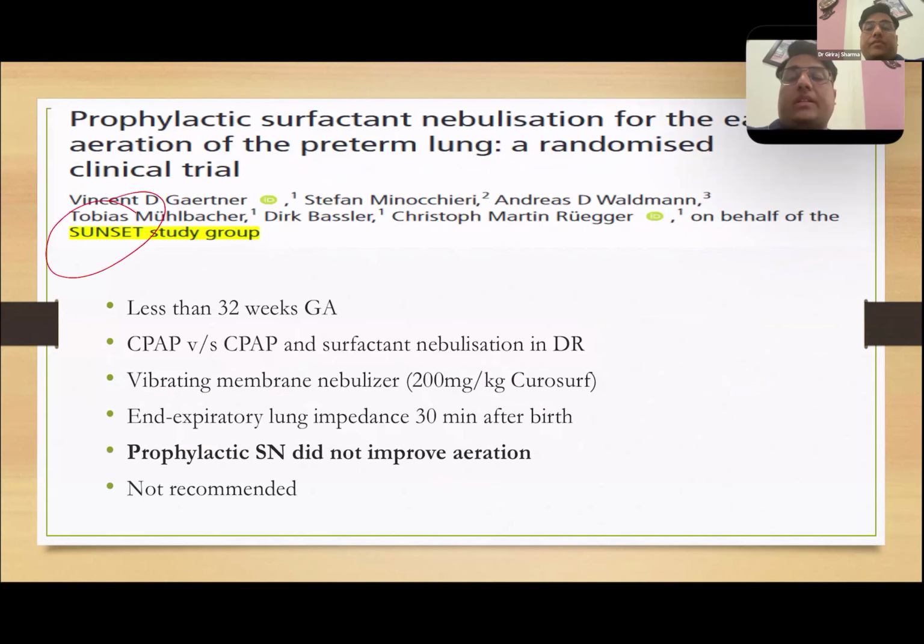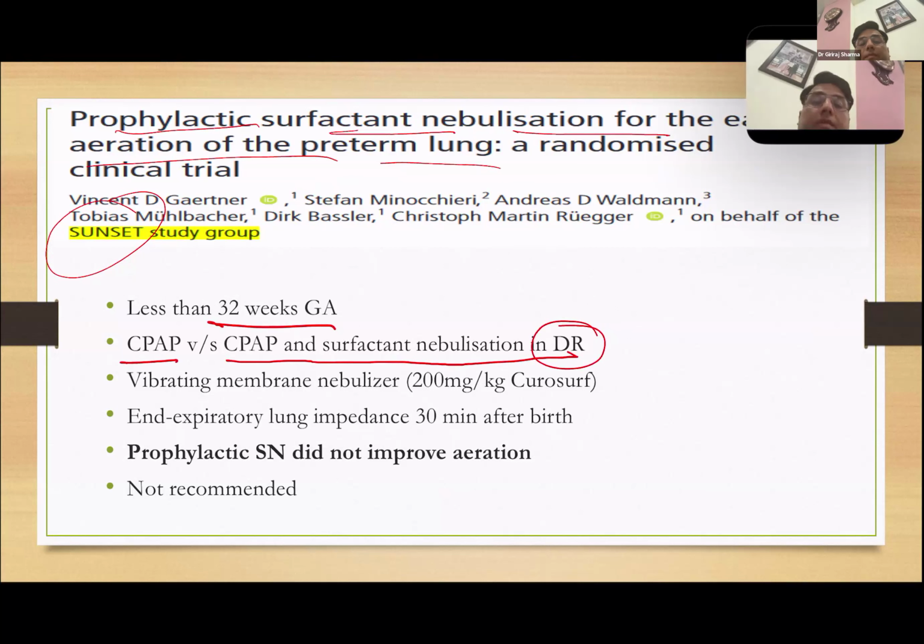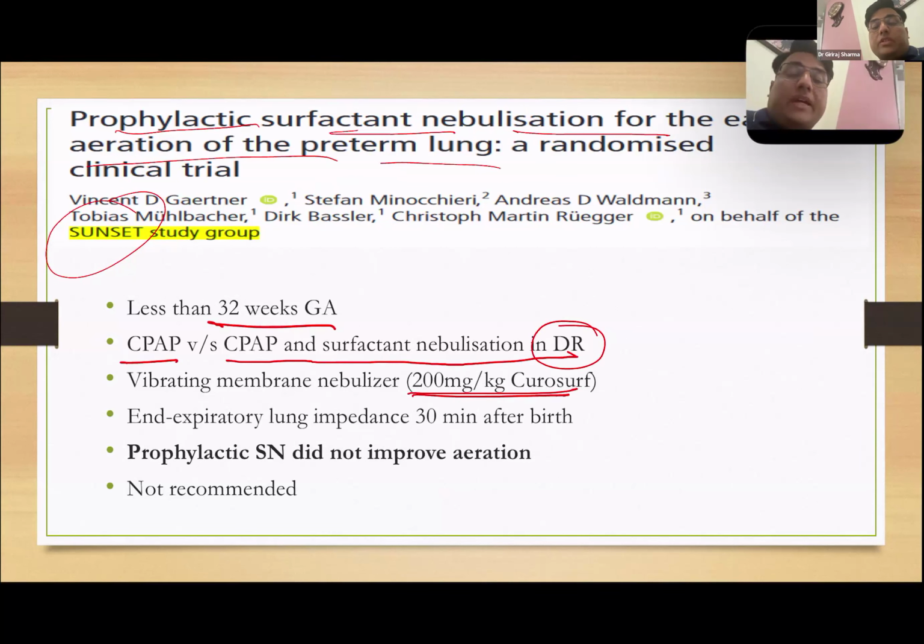Next is the Sunset trial. The Sunset trial is on prophylactic surfactant nebulization for aeration of the preterm lung. In this, they have recruited less than 32-weeker babies, and they have compared CPAP versus CPAP and surfactant nebulization in the delivery room itself. In the delivery room, prophylactically, they have nebulized with 200 milligram per kg of Curosurf, and they have studied end expiratory lung impedance.